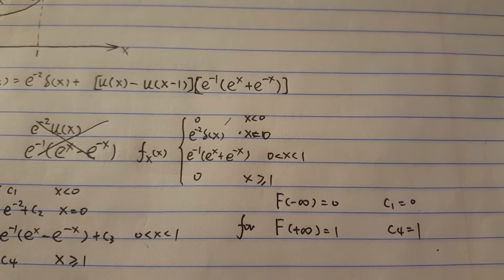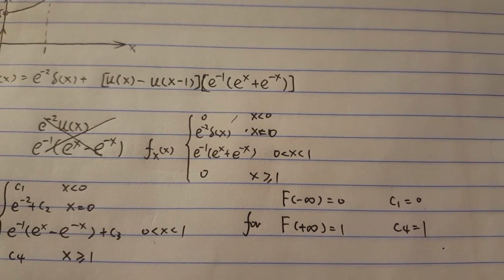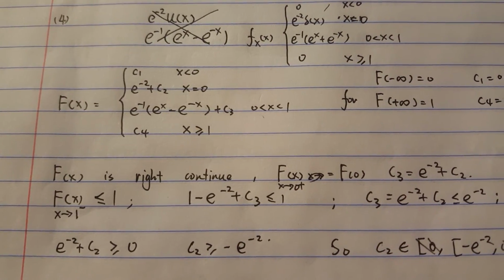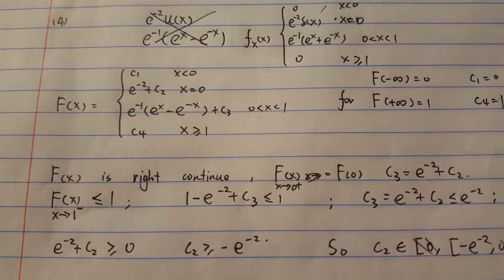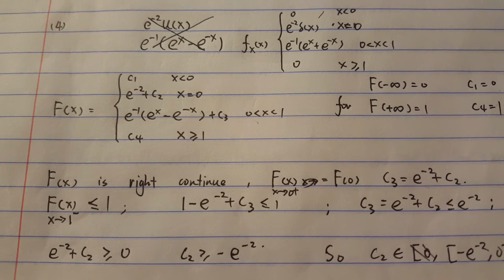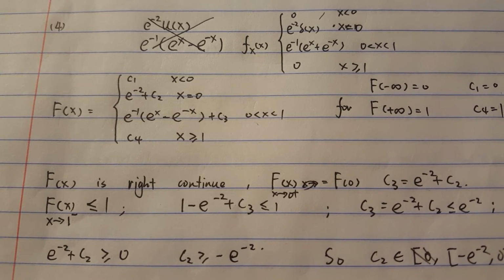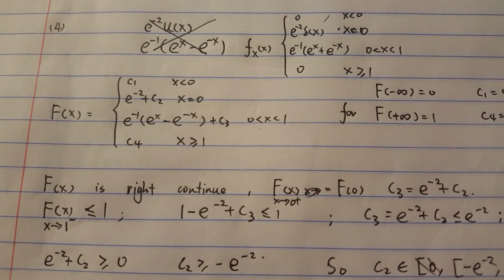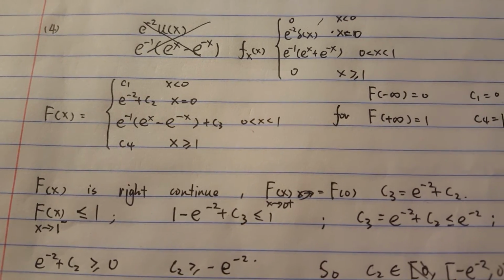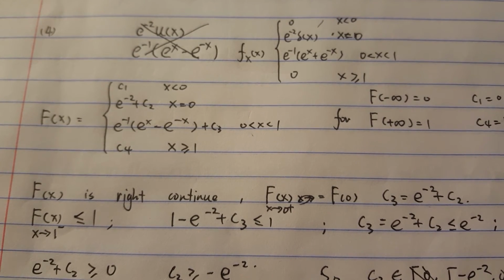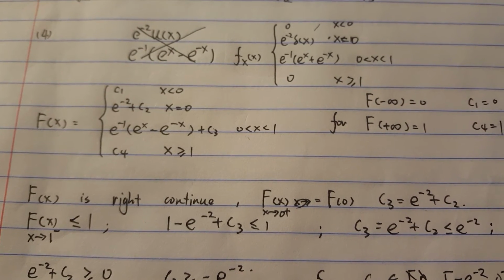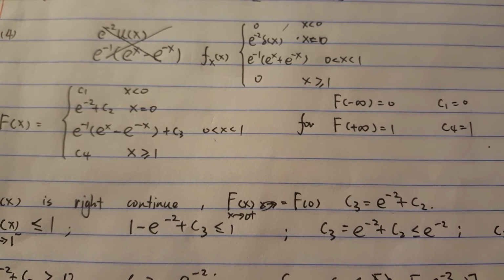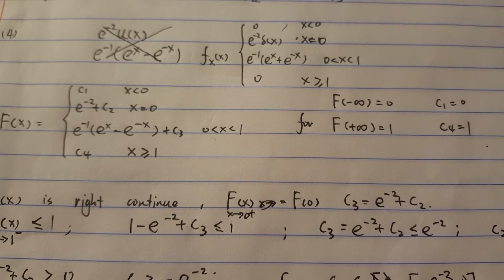So we get C1 equals 0 and C4 equals 1. As capital F of x is right continuous, F as x approaches 0 from the right is equal to capital F of 0. So C3 is equal to e^2 minus 2 plus C2.